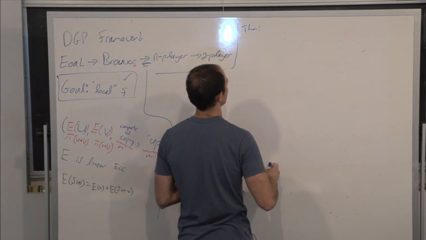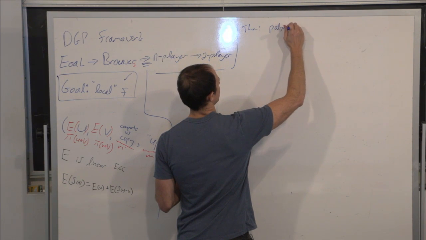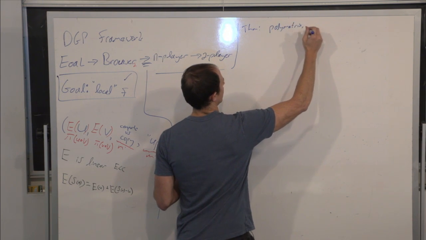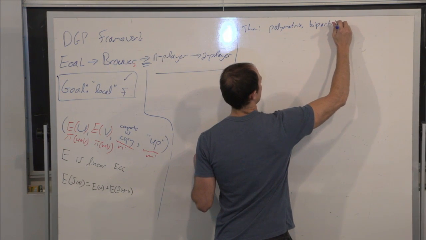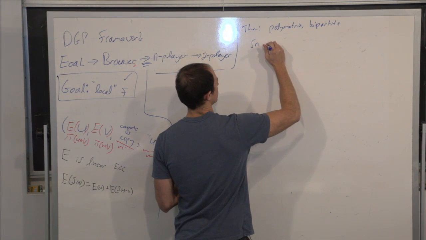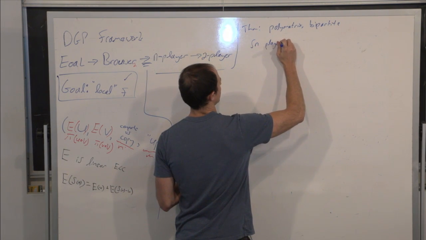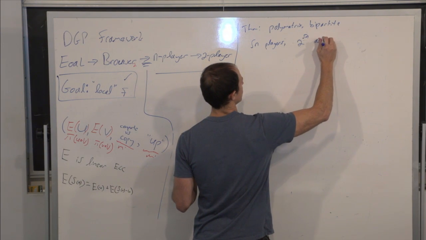So, theorem: I have a polymatrix and bipartite game with root n players and 2 to the root n actions for each player.